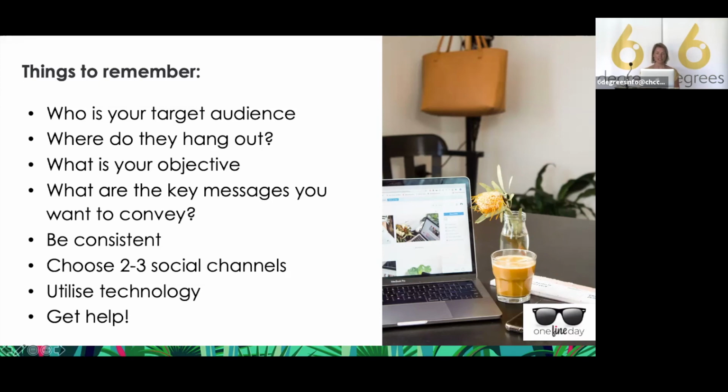Use technology to help you and put your hand up and get help where you're not sure, because you can waste and spend a lot of time trying to figure these things out by yourself. Whereas if you get a little bit of help to get set up at the start, it can make a really big difference. Are there any questions around social media, digital platforms?